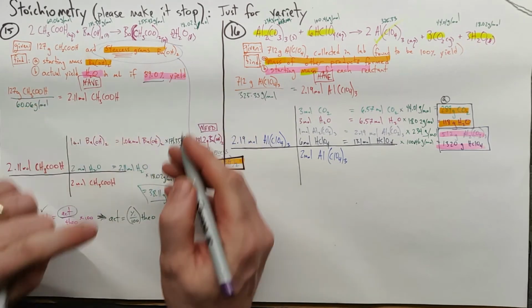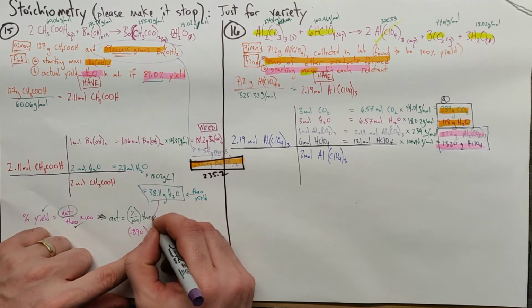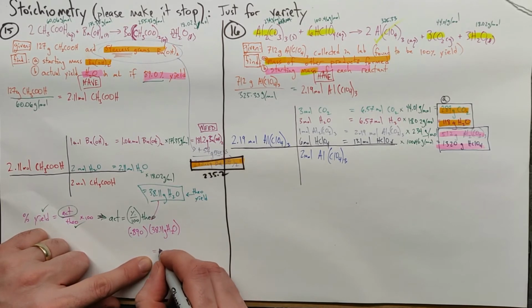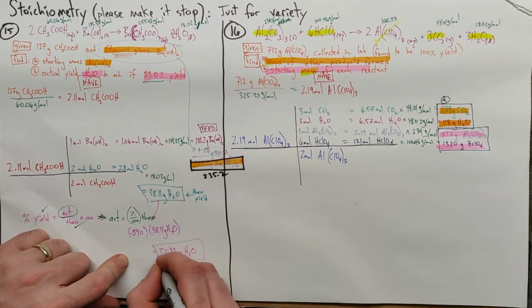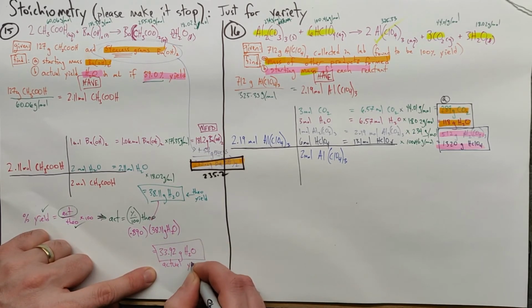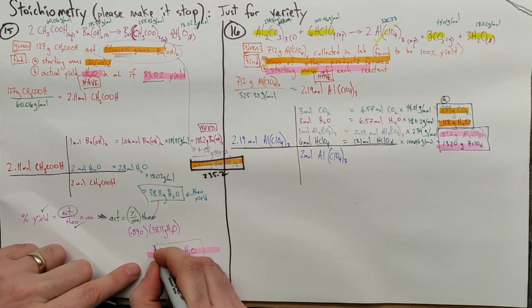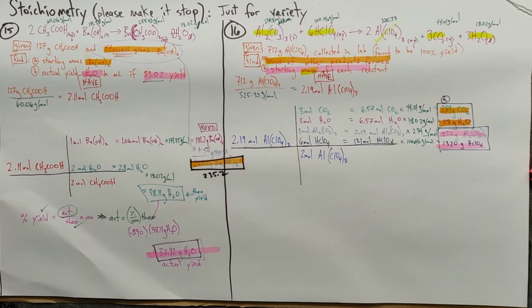We have 89.0%, so we'll take 0.890 times our theoretical yield, which was 38.11 grams of H2O, and we end up with 33.92 grams of H2O as our actual yield. And pink highlighter on that, a little box around it or wherever. And that is that example. We're in the home stretch for stoichiometry examples. I want to do a couple 3 reactant problems and then we'll be done.